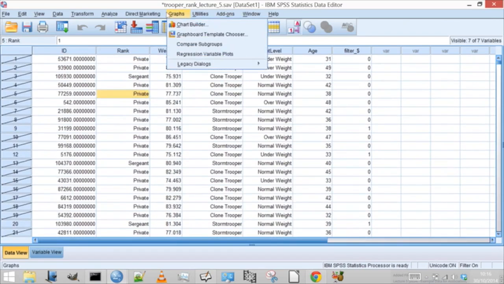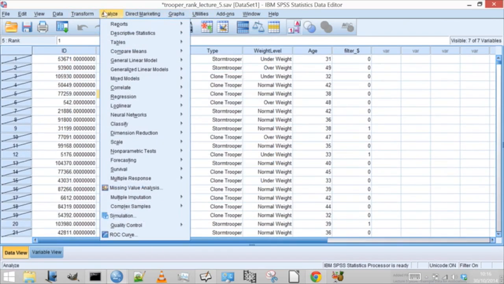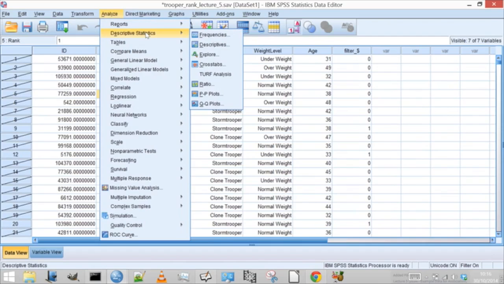So now we're going to look at analyze, descriptive statistics. And instead of doing what we've done previously, where we've looked at some of those descriptives like mean and standard deviation, when we've got these categorical variables like this, we can't calculate a mean or standard deviation.